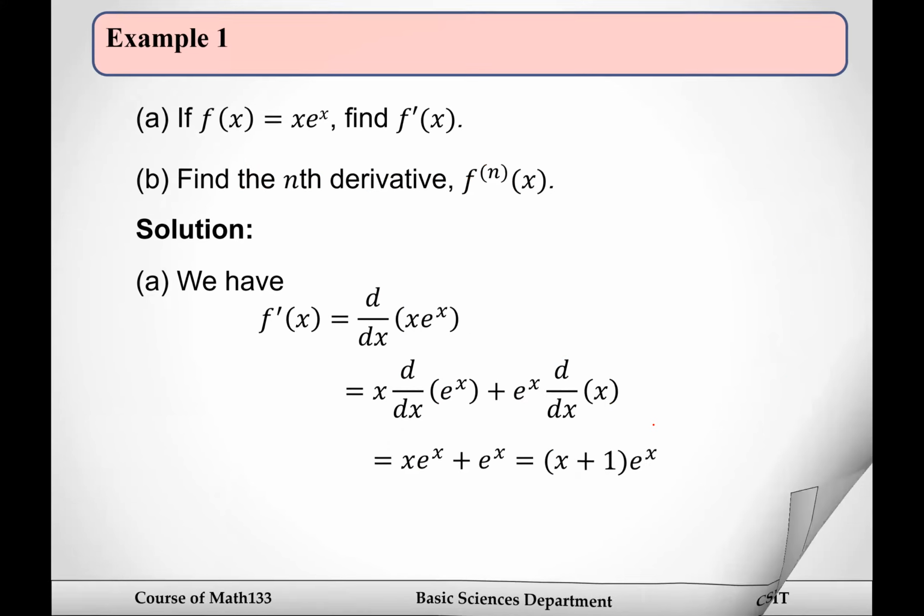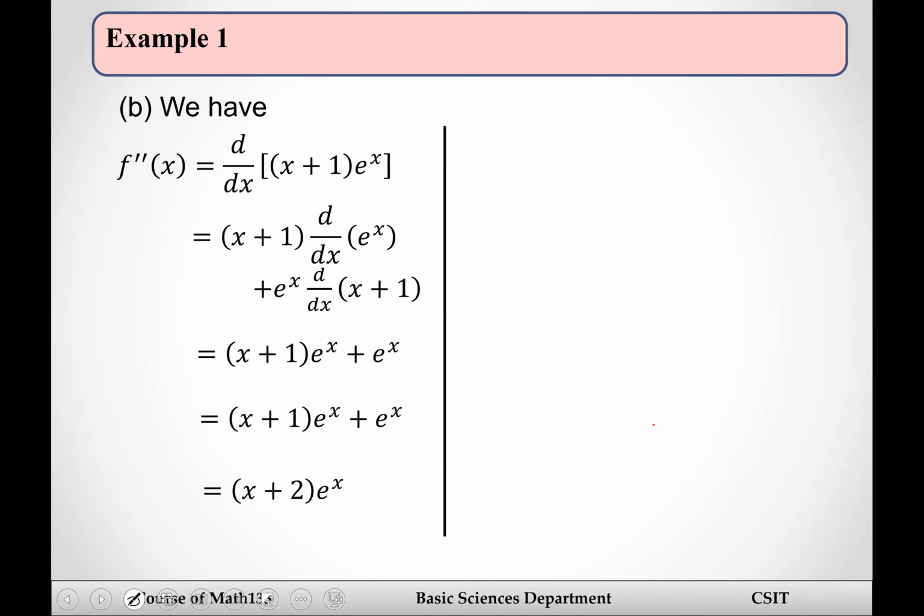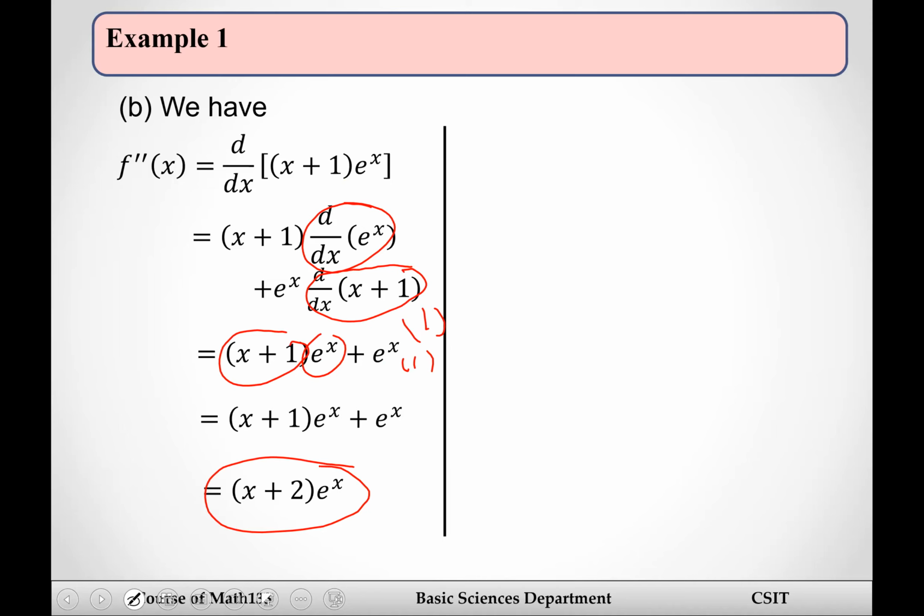So the derivative of this function, again, we apply the product rule, and we see that here the derivative of e^x is the same, but the derivative of x + 1 is equal to 1. So here 1, and (x + 1) times e^x plus e^x times 1. So we will find (x + 2) times e^x when we put common factor e^x.